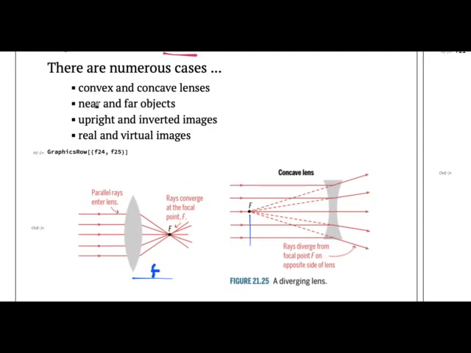Now, depending on which of those four states are created, you may have upright images or inverted images. If you put a source of light here as the object, so there's O, the object, you may have an upright image or an upside down image, an inverted image.